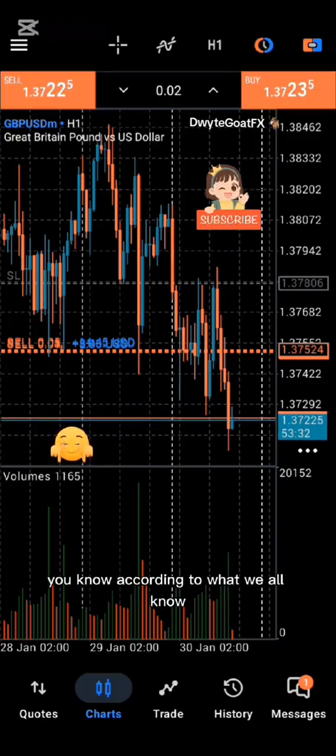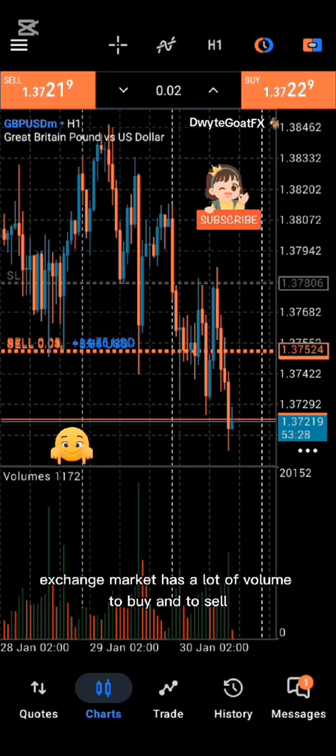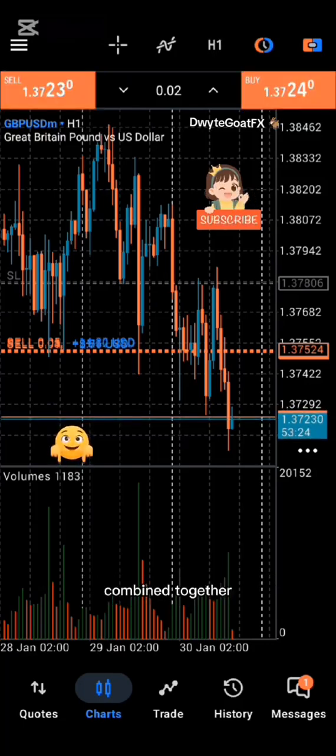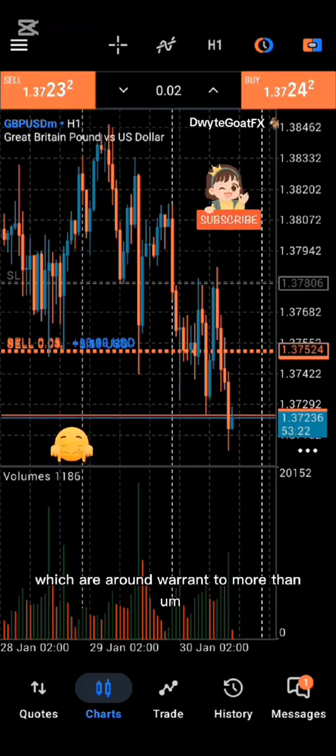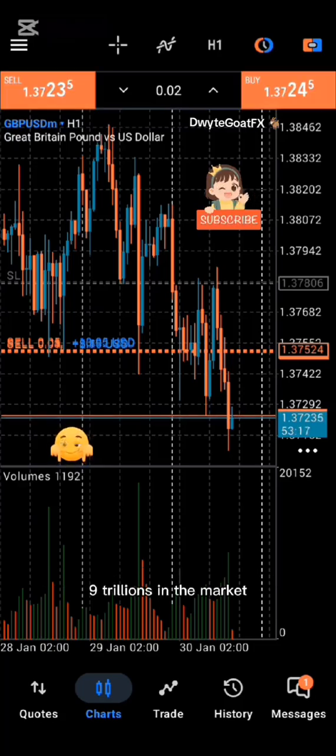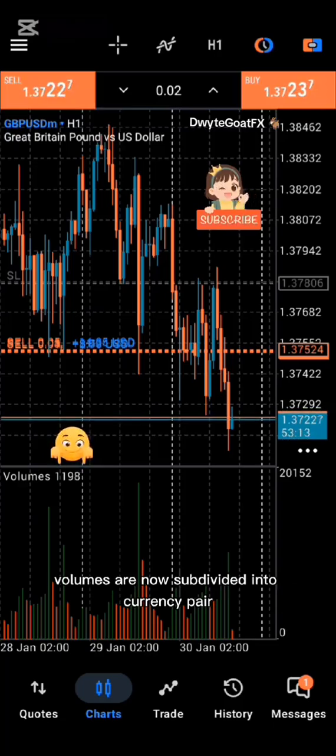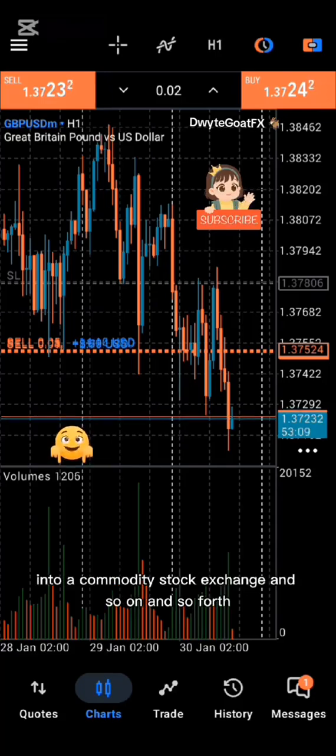According to what we all know, the forex market has a lot of volume, the buy and the sell combined, amounting to more than 9 trillion in the market. Now these volumes are subdivided into currency pairs, commodities, stocks, exchanges, and so on.